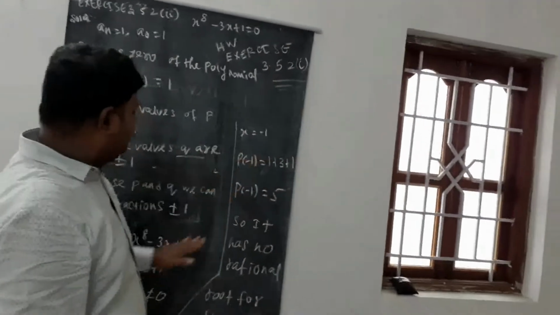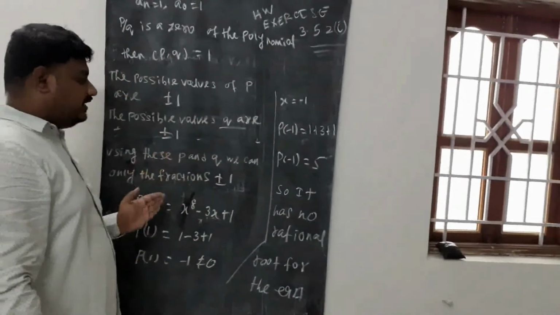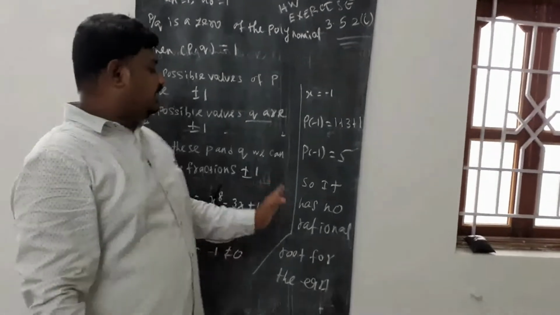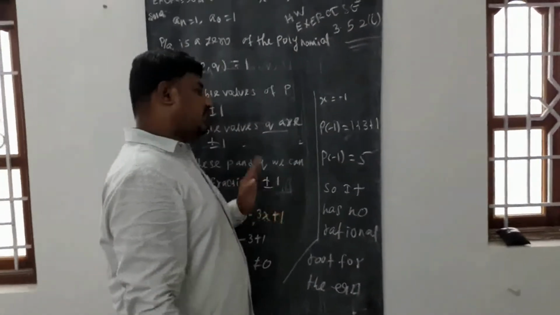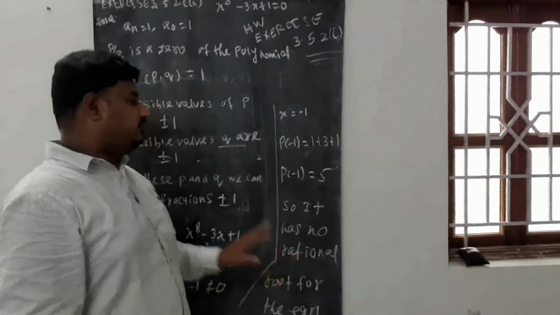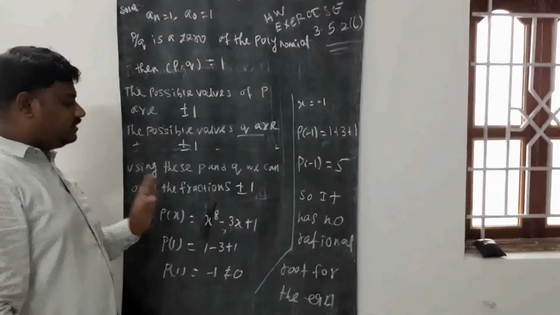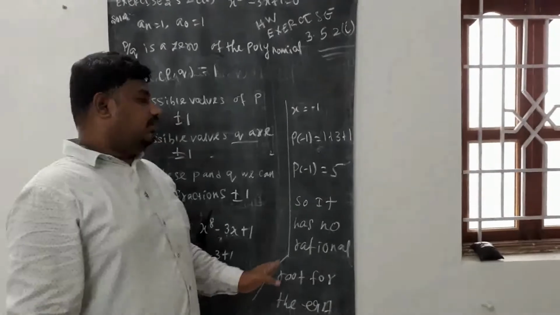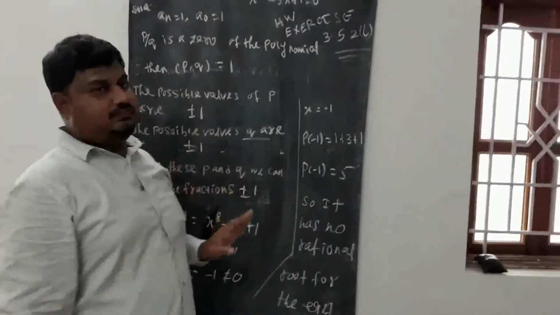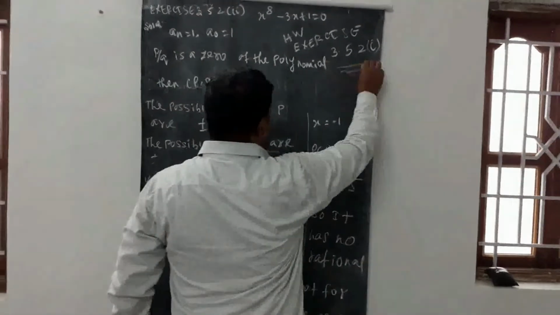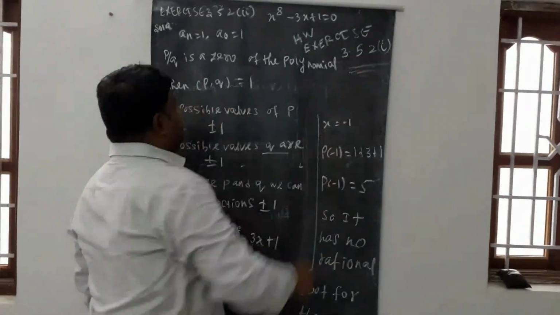So you can find out the possibilities and apply them to see if they satisfy. That's our rational root theorem. If any one value is not satisfied, then there is no rational root. If any one of the values is satisfied, we can write these as the rational roots for this equation. This is the homework for yourself. Try it. If you have any doubt, you can ask me. Thank you.